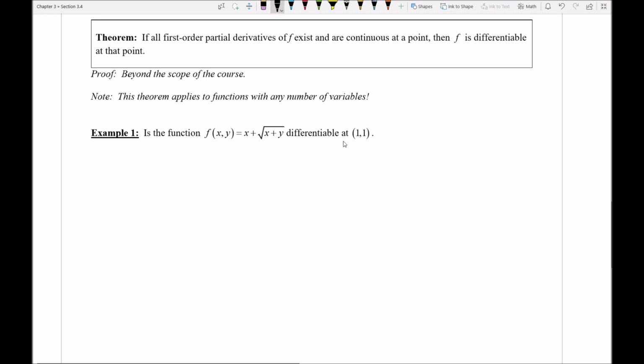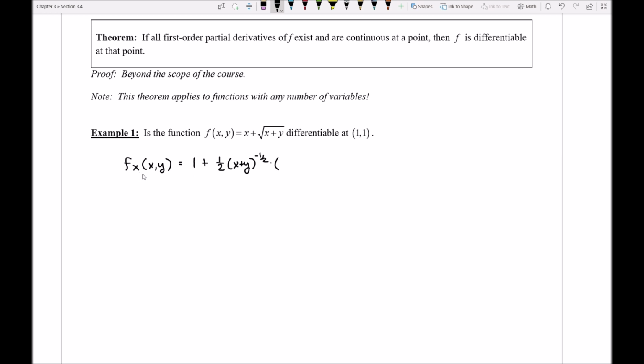Is this function differentiable at the point (1, 1)? Well, let's go ahead and see. What I would have to do is compute my partial derivatives and confirm that they exist at the point (1, 1). Here my partial derivative with respect to x would be 1 plus 1/2 (x + y) to the negative 1/2. Chain rule, take the derivative of the inside.